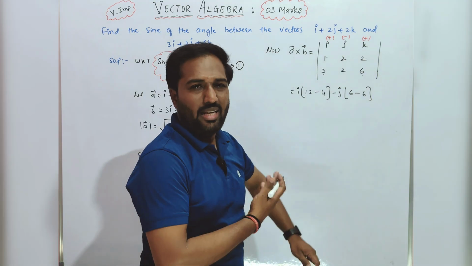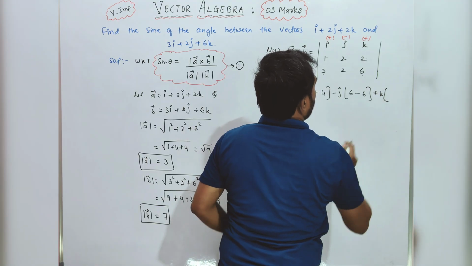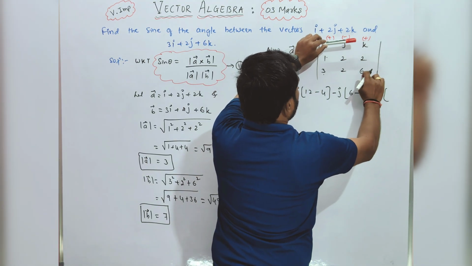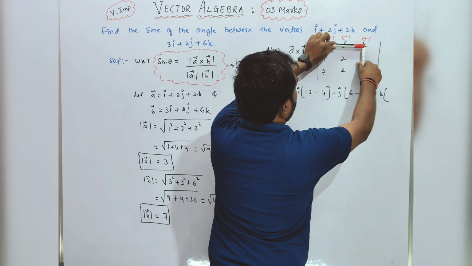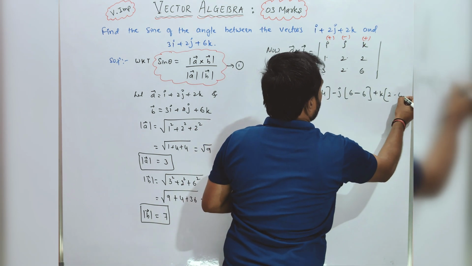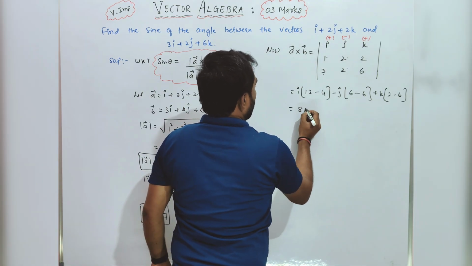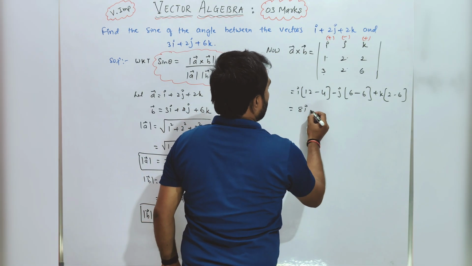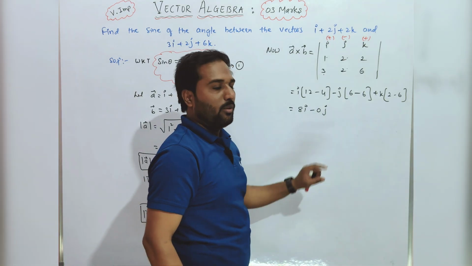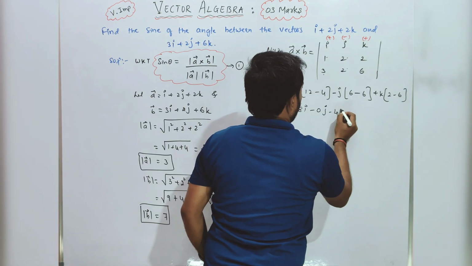Is it easy? Again the same thing, plus k. We close its row and its column. K column, K row. These are the 4 elements: 2 minus 6. So this is 12 minus 4, which is 8i. Minus 6 minus 6 is 0j. And 2 minus 6 is minus 4. So this is minus 4k.